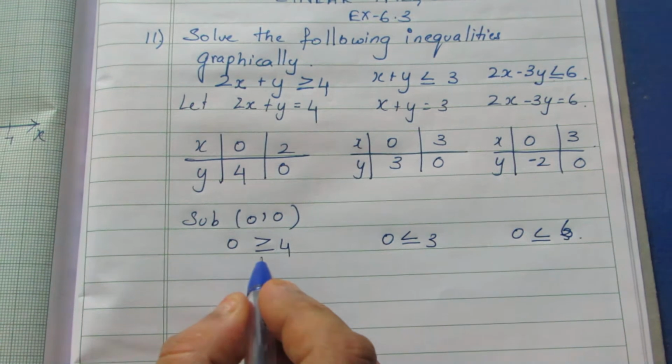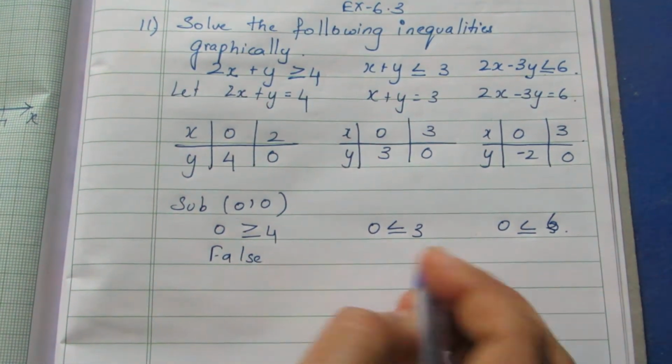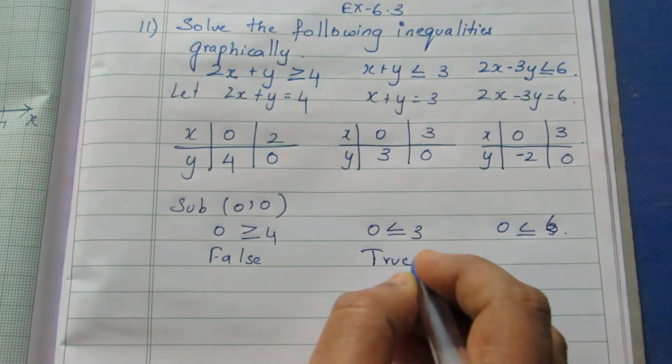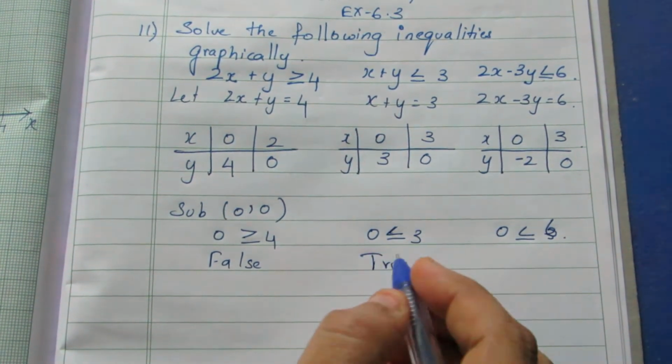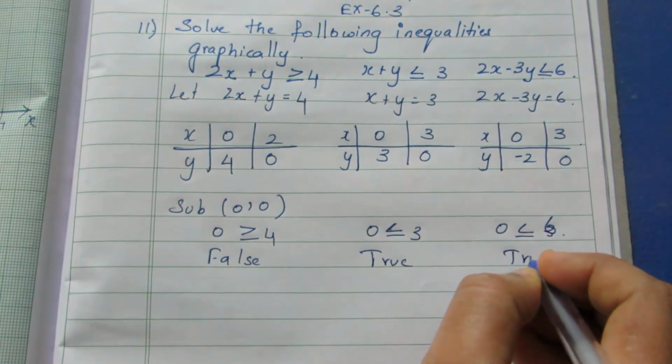According to this, 0 is not greater than 4. This is false. Here 0 is less than 3, which is true. Always see the less than or greater than symbol, not the equal to symbol. Here 0 is less than 6, this is true.